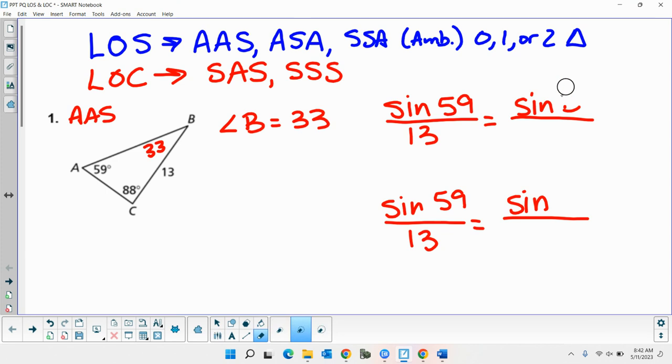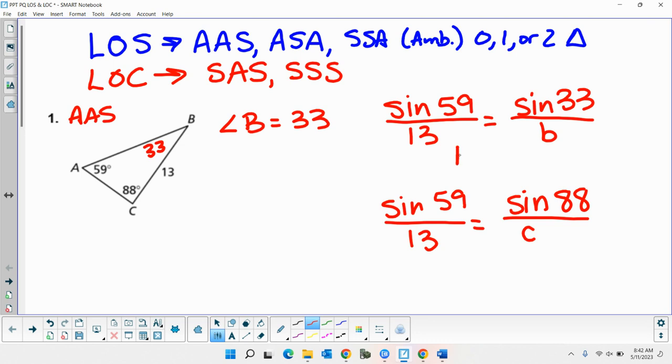I'm going to use the 33. And for side C, I'm going to use the 88. You understand why? Use the angle that's opposite the side. Angle C is opposite side C. Angle B is opposite side B. Angle A is opposite side A, right? So I just cross multiply and divide, and I'll get my 2 answers for B and C.